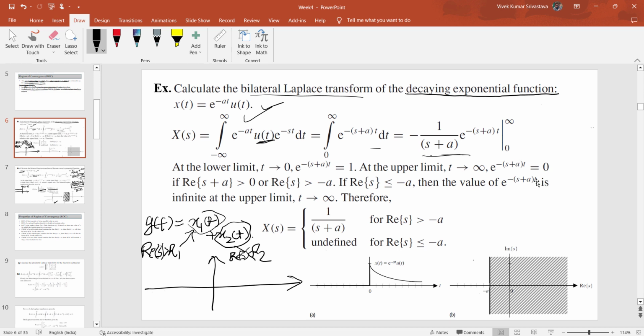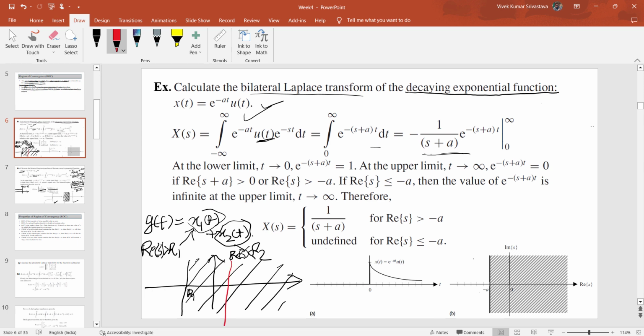The Laplace transform is defined only for the region where the intersection of these two exists.